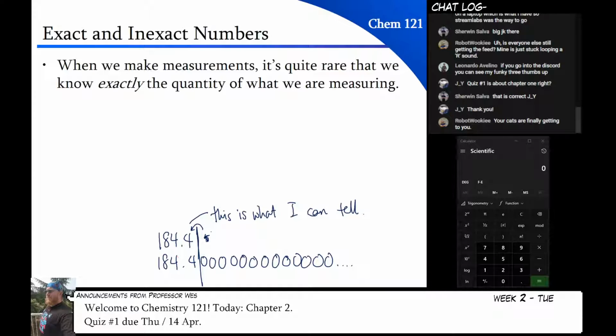When we weigh ourselves, we get what's called an inexact number. Any measurement with a tool will produce an inexact number because it can only tell you so many numbers, right? If you're using a ruler to measure your height, and your height is 61 inches, you could maybe guess the next number.